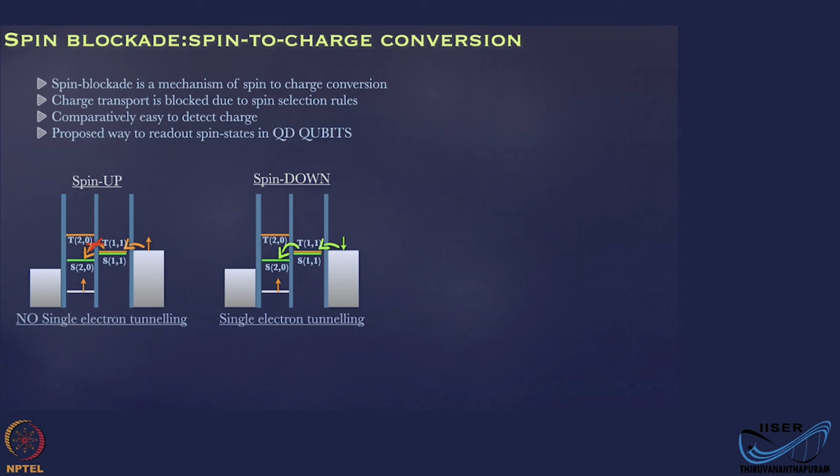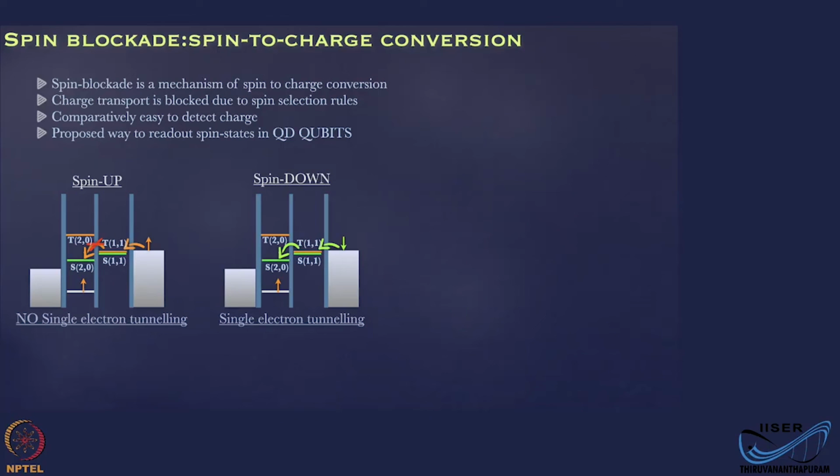But now this spin blockade is giving you a lever or handle to detect the spin state by observing the transport, because depending upon which way the spin is aligned, up or down, the transport happens or gets blocked. So just by sensing the tunneling event of the electronic charge, you can tell what the spin state is. So it's a spin to charge conversion recipe.